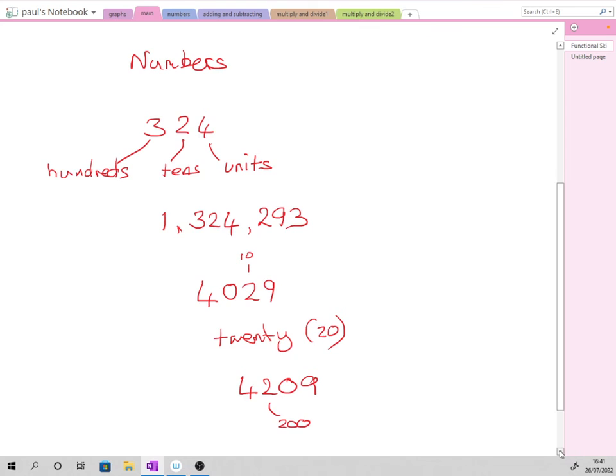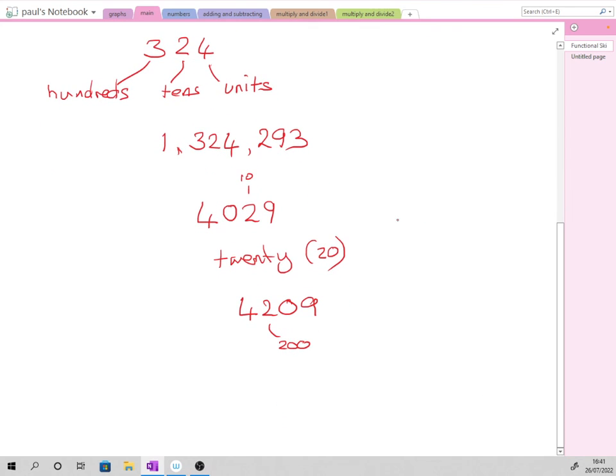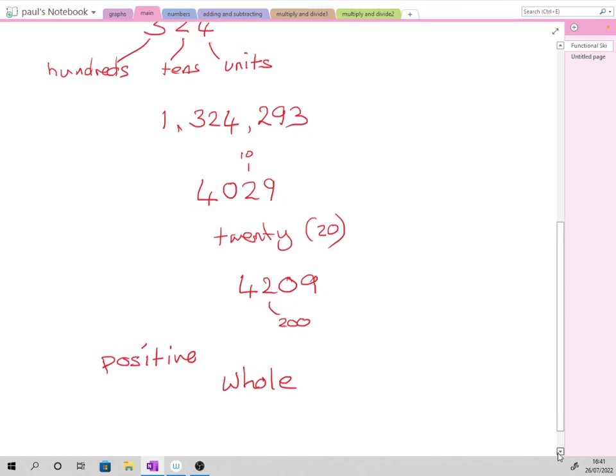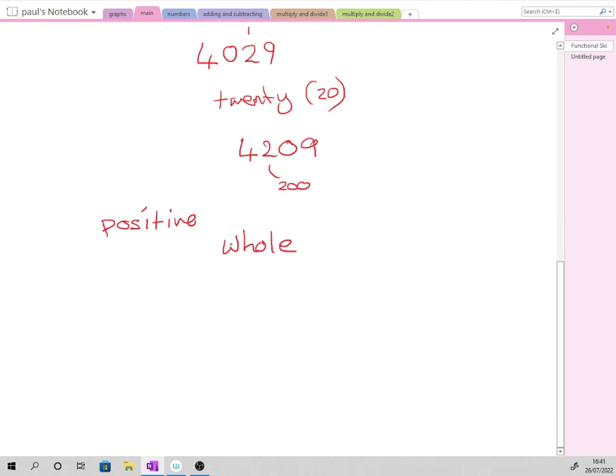Right, now, of course, these are all what we call positive numbers. And they're also whole numbers. There's no bits and pieces. We'll get onto this later, but there's no decimal numbers. There's no fractions.